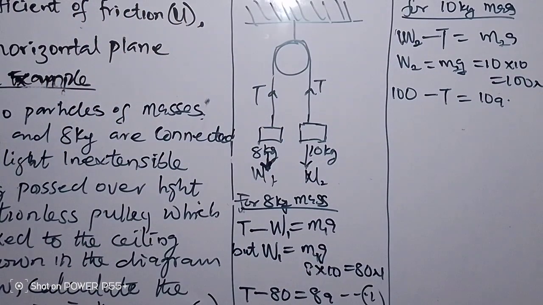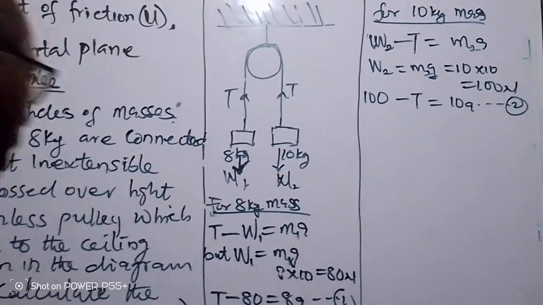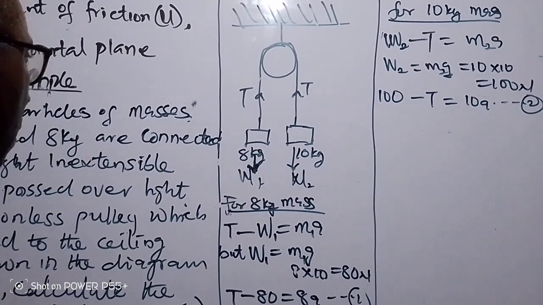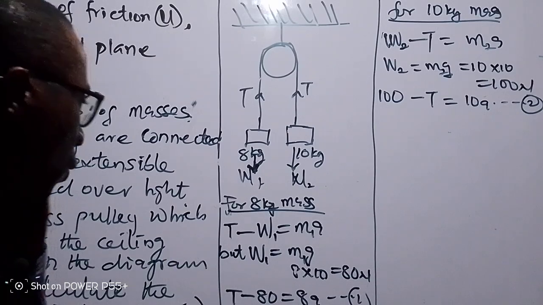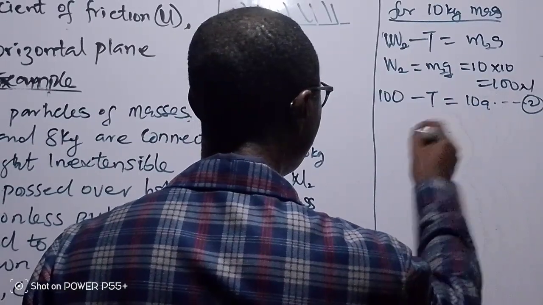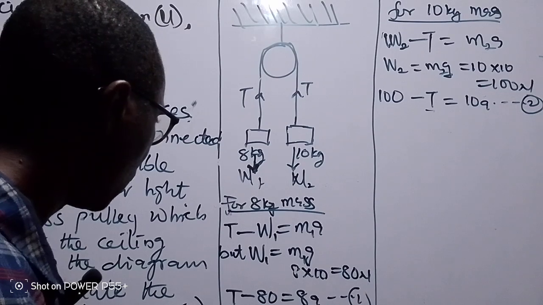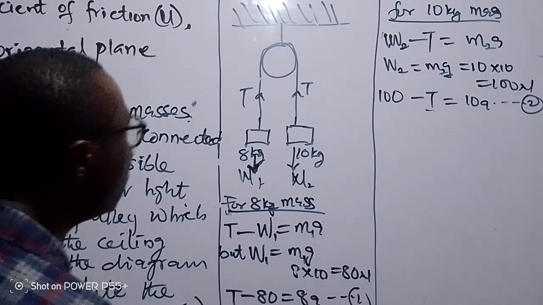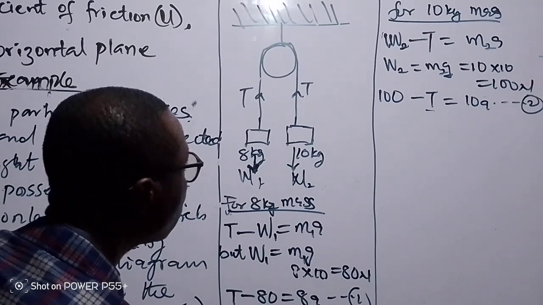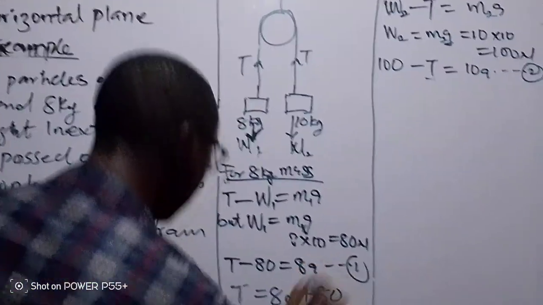So from there, if you call this one equation 2, and look at equation 2 and equation 1 together, we are going to have T. If you substitute for this one, T will be equal to 8A plus 80.